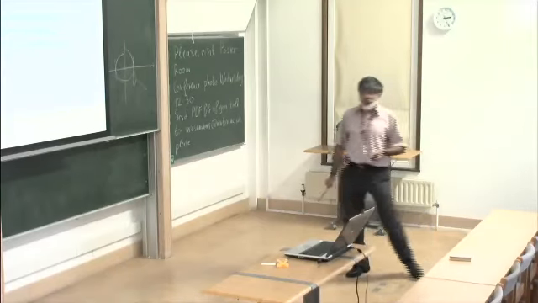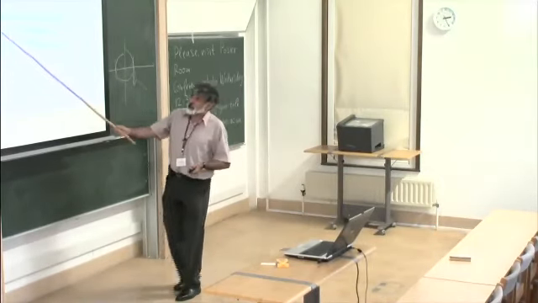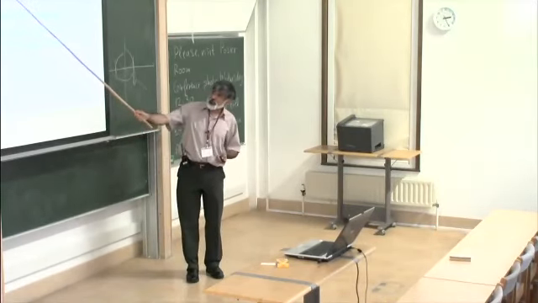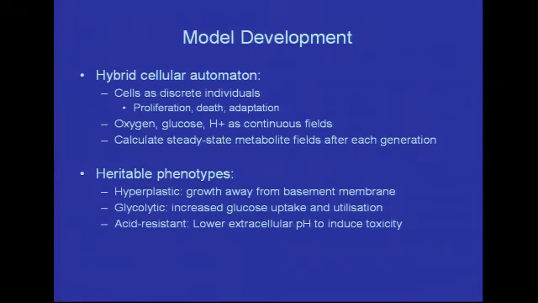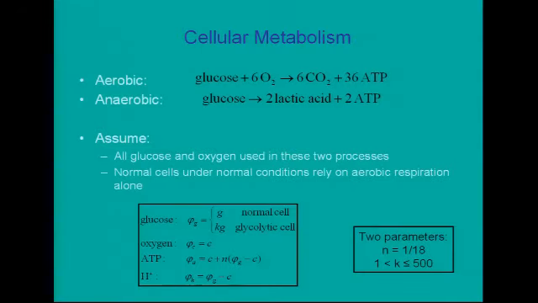So we write down reaction diffusion equations for oxygen, glucose, and acid. And the reaction parts of those reaction diffusion equations come about from doing some biochemistry. So we write down equations like this for production of energy, and then we simply use the law of mass action to convert those into equations.